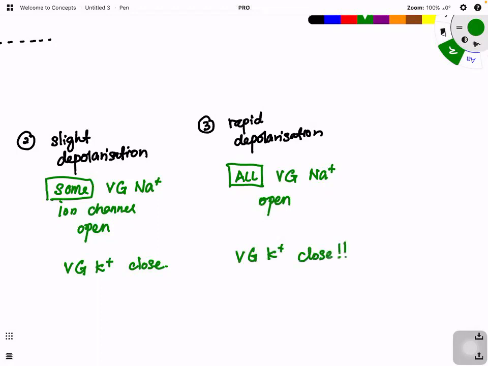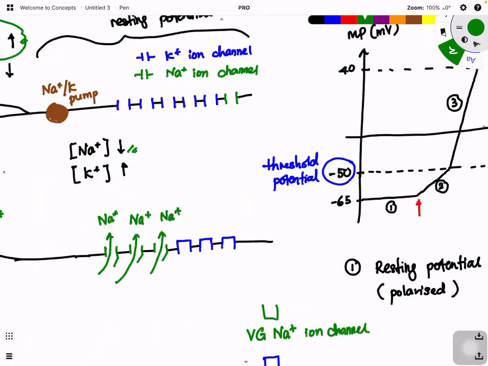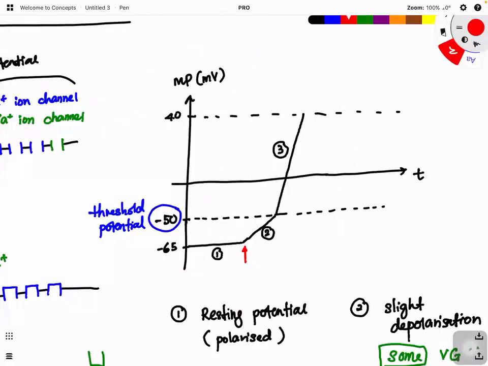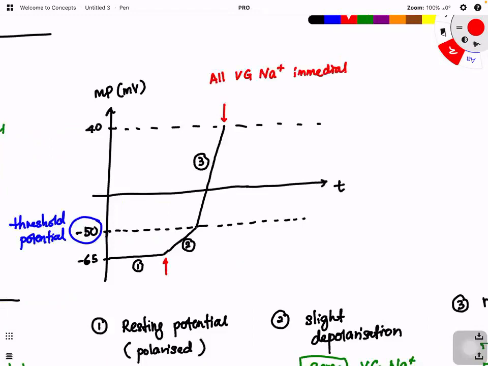They remain closed. Because the positive ions continue to enter, imagine from negative 50 becoming negative 40, negative 30, negative 20, negative 10, 0, 10, 20, 30, 40. Can you see that? Immediately at positive 40 millivolts, all voltage gated sodium ion channels now immediately close, and voltage gated potassium ion channels now open.